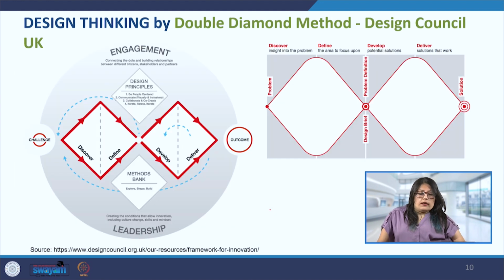Then the design thinking double diamond approach by Design Council UK provides a clear structured framework, where the two diamonds are diverging and then converging and so on. So they have distinct phases. So again, a very structured design to help the design team check their progress.